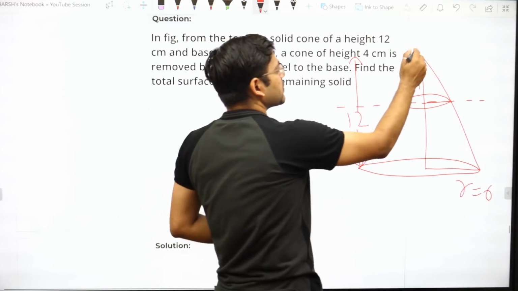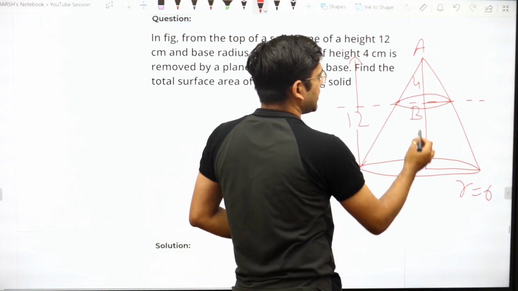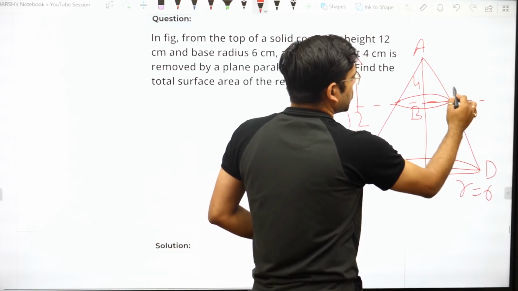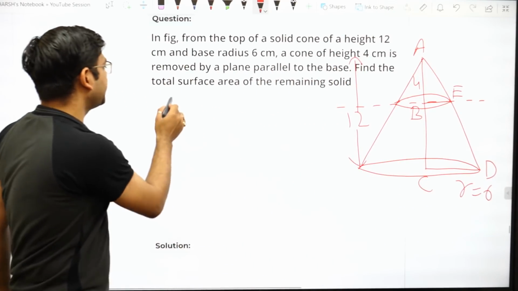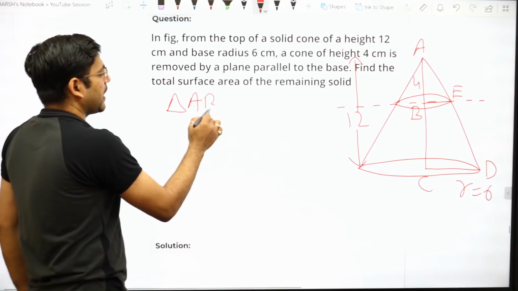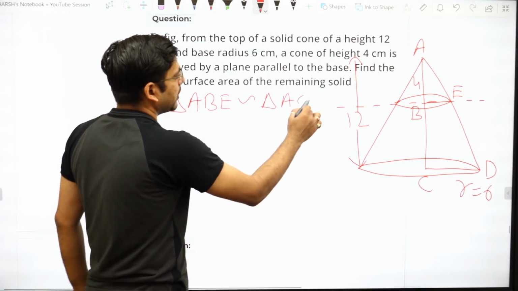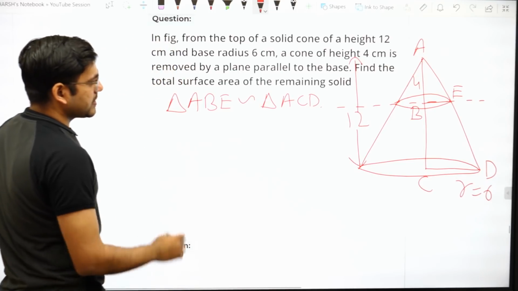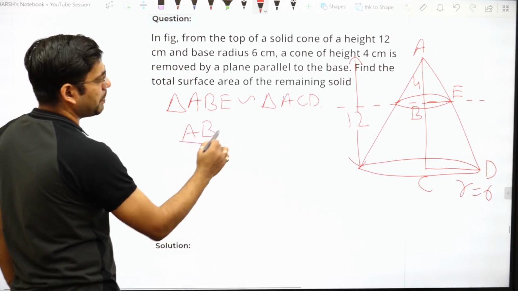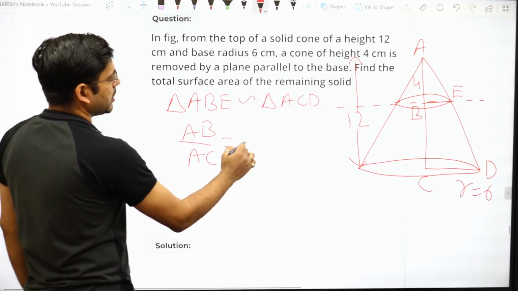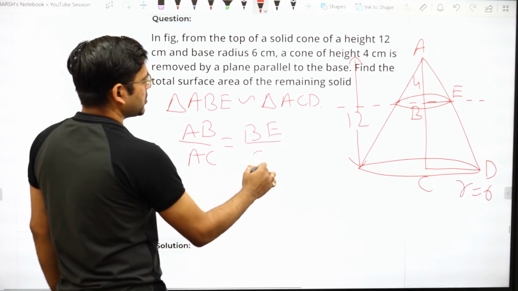So this will be A, let's suppose A, B, C, D and E. So I can write very easily that triangle ABE is similar to triangle ACD. Now if they are similar, AB upon AC is equal to BE upon CD.